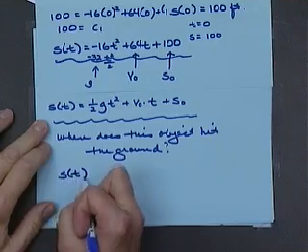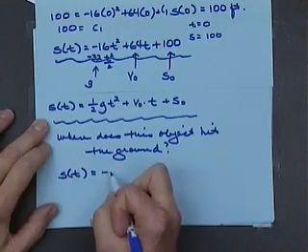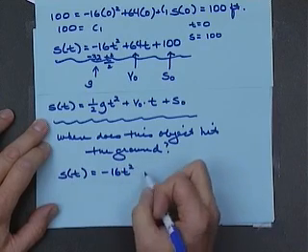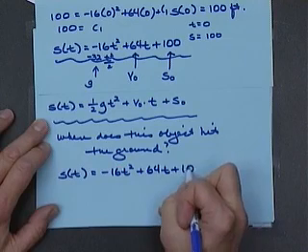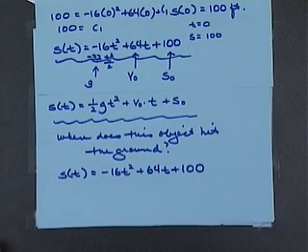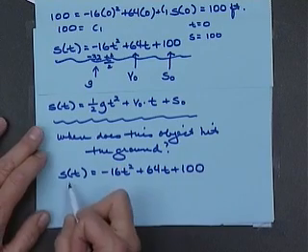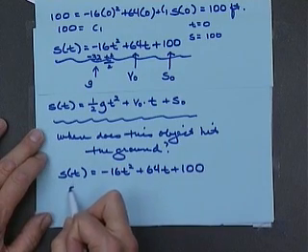Here's the end result. There's its distance, height, or position. Okay. When would it hit the ground? 0. We want to know when the distance or height or position is 0.